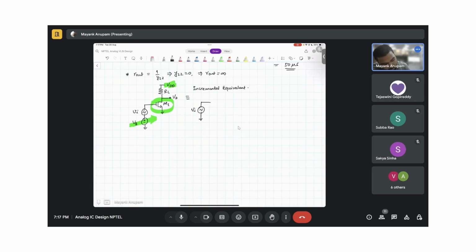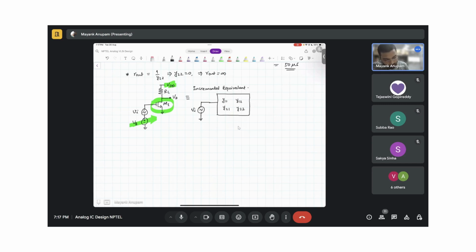All right. Before we touch the MOSFET, let's replace it with a box and say that it has parameters y11, y12, y21, y22.